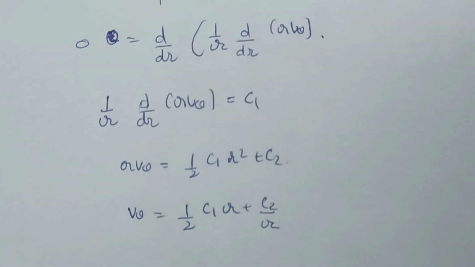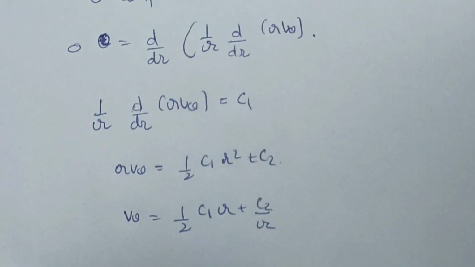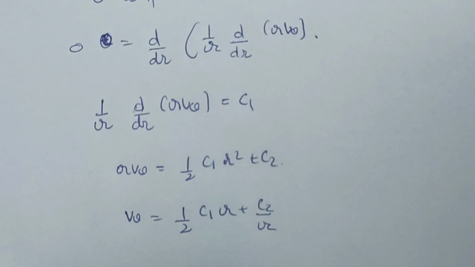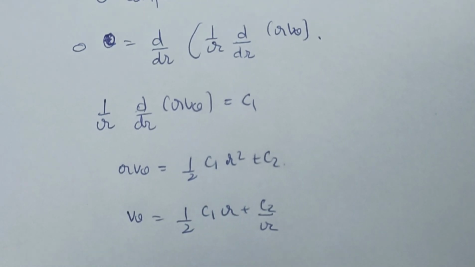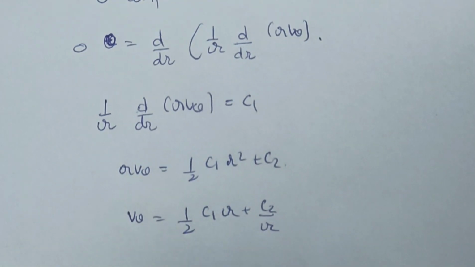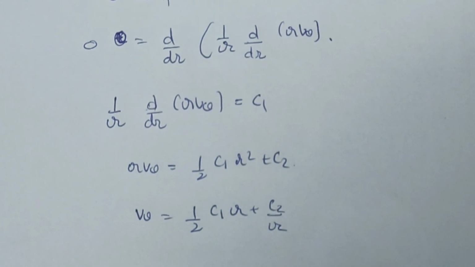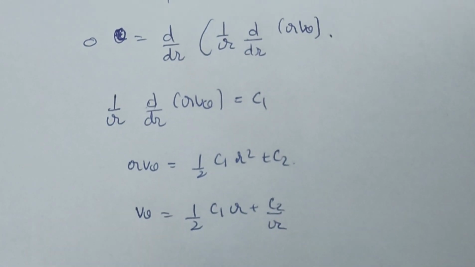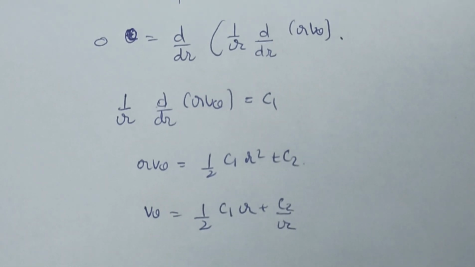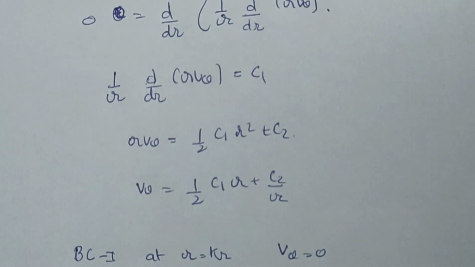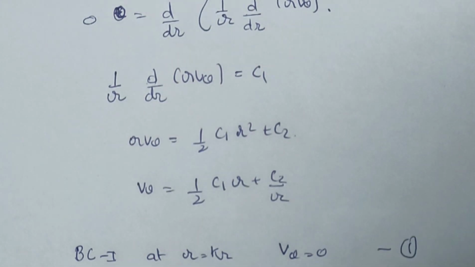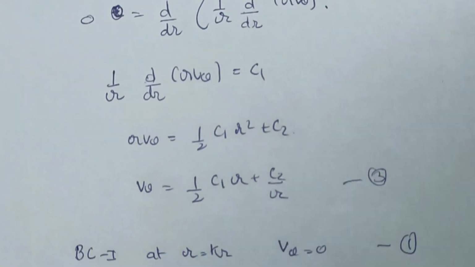Now for this equation, we have two boundary conditions. Boundary condition 1 is that at r is equal to kappa r, v theta is equal to 0, and at r is equal to r, v theta is equal to omega naught r. So let's name this equation as 1, this as 2, and the integrated equation as 3.